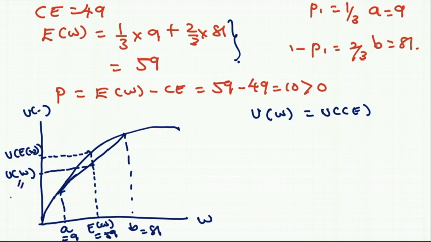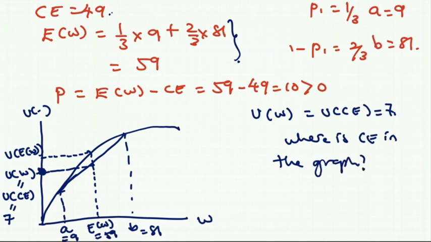UCE has to be here also, isn't it? If UCE is also here, this value is the same for UW and UCE because utility is here, in this case 7. Okay, now, so the question is, where is CE in the graph?